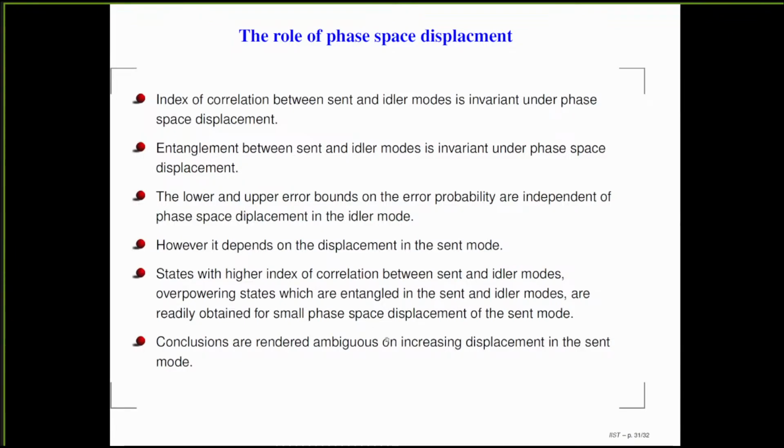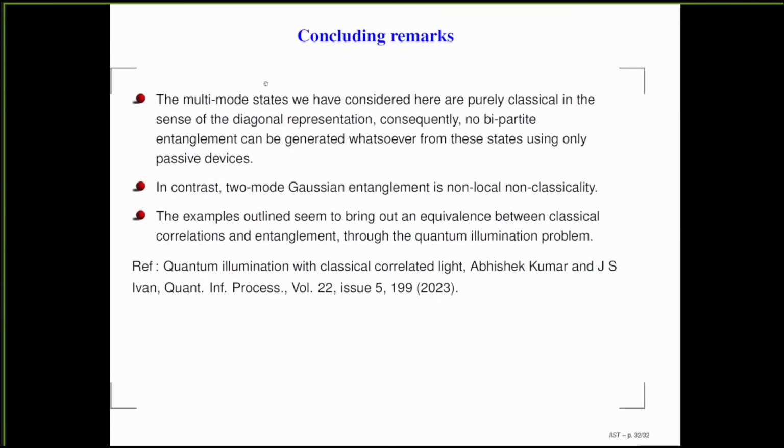Basically, the error probabilities start to overlap and we are not able to draw any useful conclusion. So if we increase displacement, the displacement overpowers any advantage we have gained through quantum correlation. At least that is what we thought we observed. Now some concluding remarks.